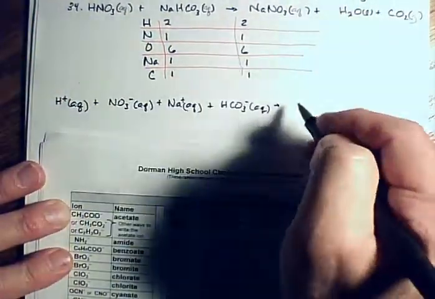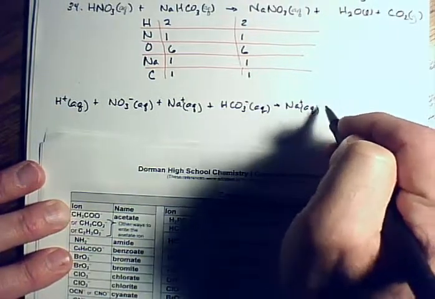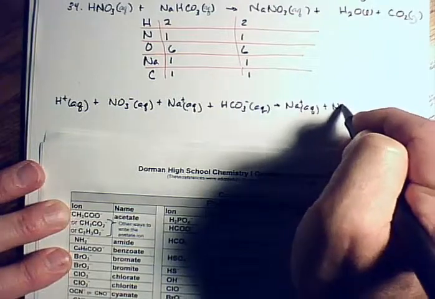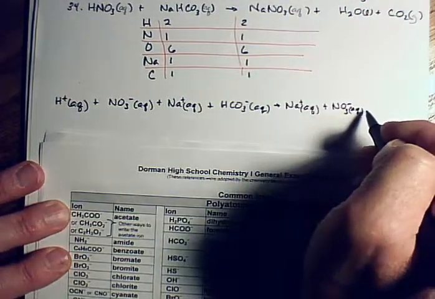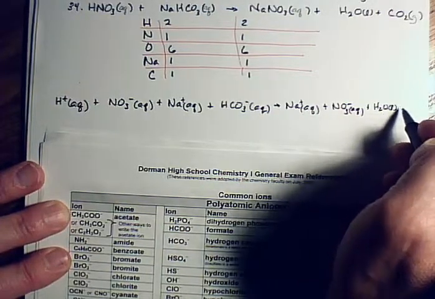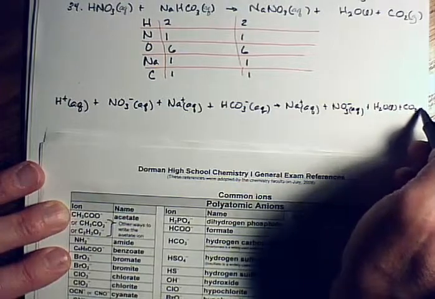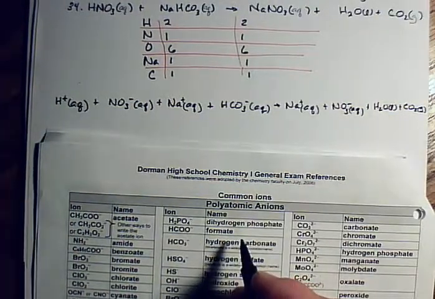So this is going to split up. We're going to split it up into sodium and nitrate ions. And then the water doesn't change, and the CO2 doesn't change because it's neither ionic nor acidic.